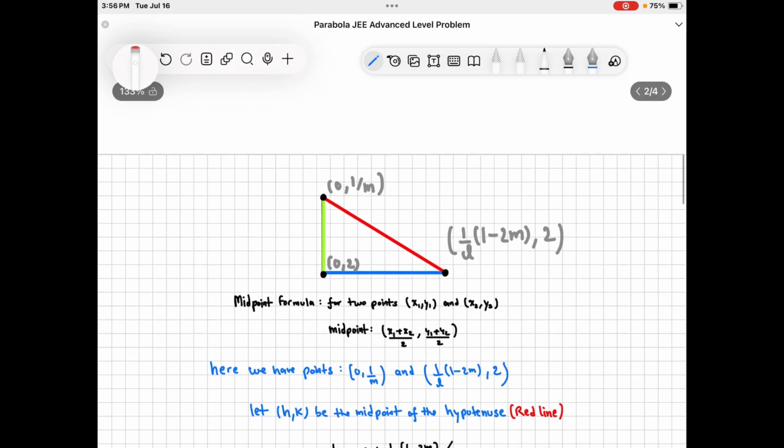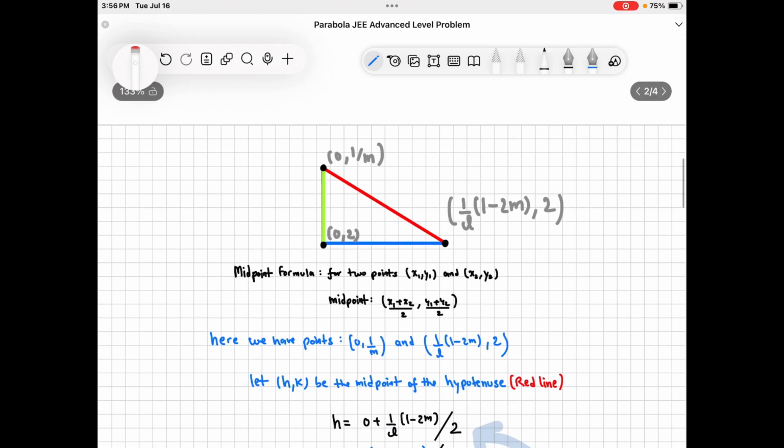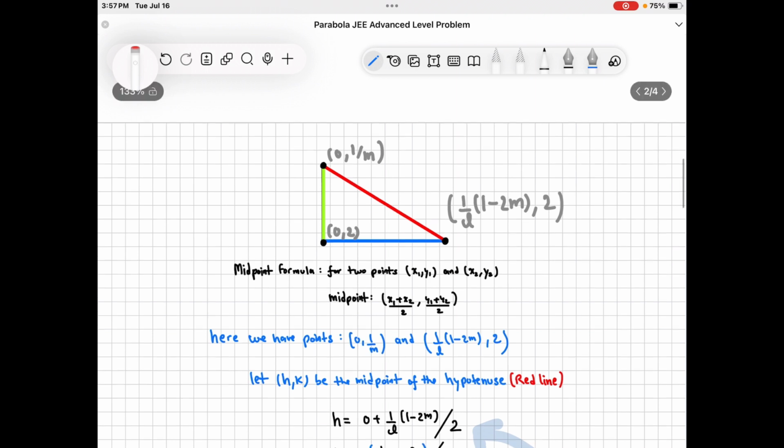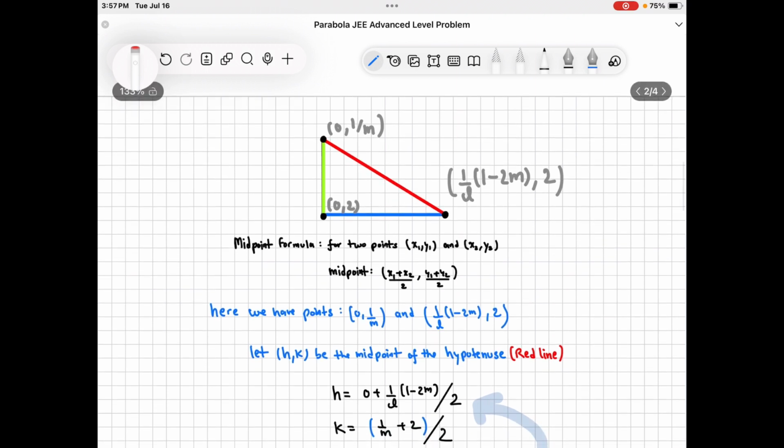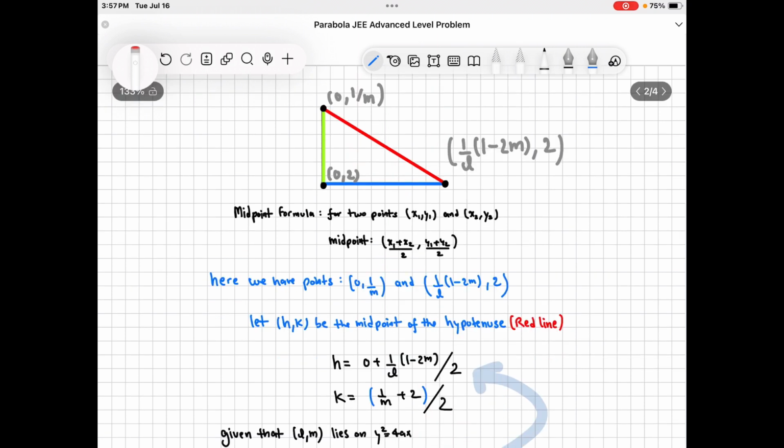So here we have h equals 0 plus this point, divided by 2. Similarly for k, this point and this point are added and then divided by 2. We are also given that the point L, m lies on the parabola y squared equals 4x.